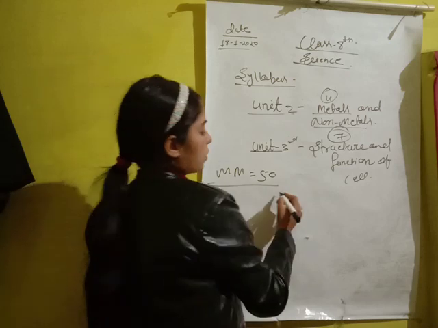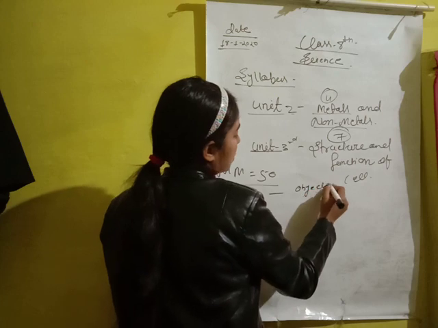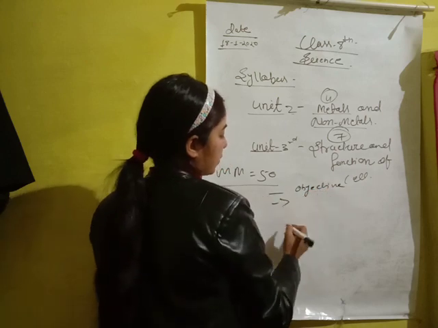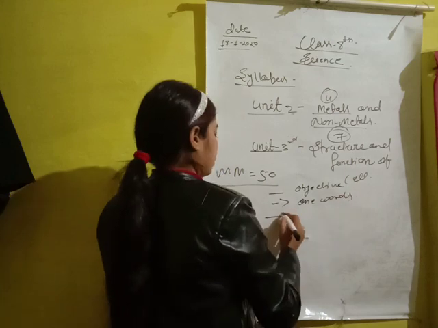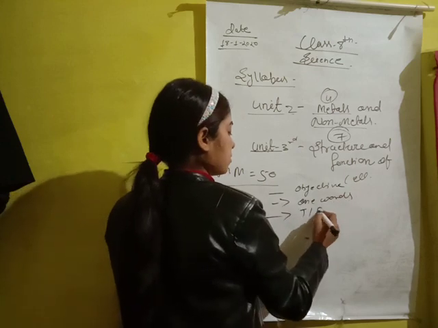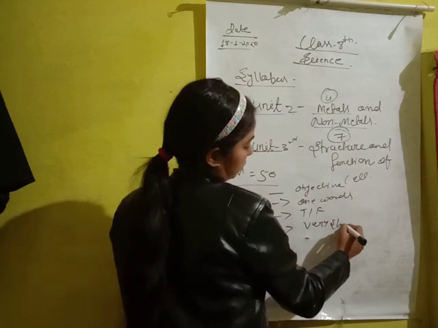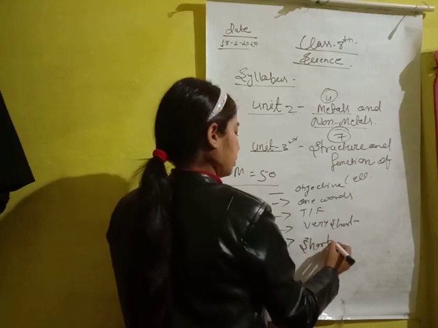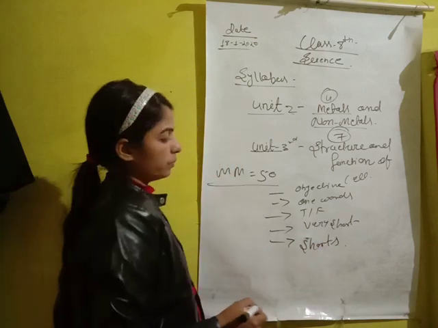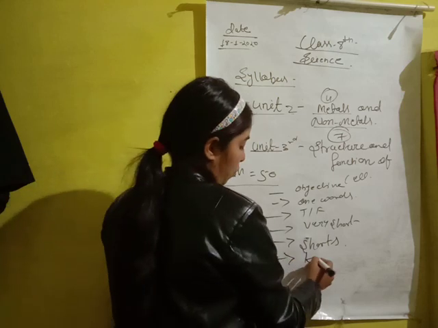Firstly, you have to read the objective questions, whatever is given: one words, true, false, very shorts, shorts, as well as key words.